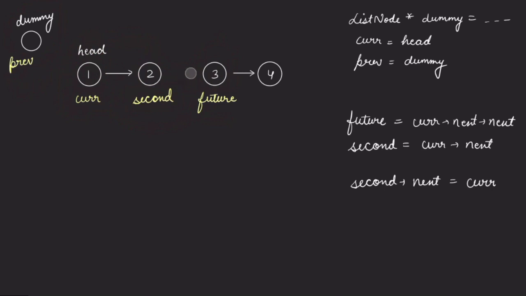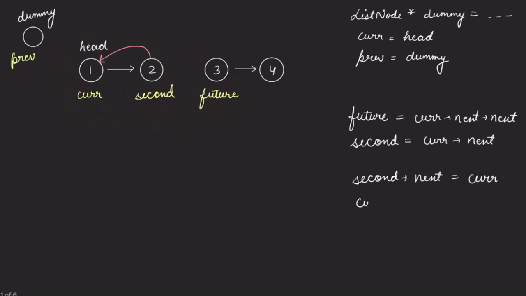This linkage will be removed and 2 will now point to node 1. Then we want node 1 to point to node 3, so current's next should be pointing to future. In current's next we will give future. This linkage will be removed and node 1 will now point to node 3.